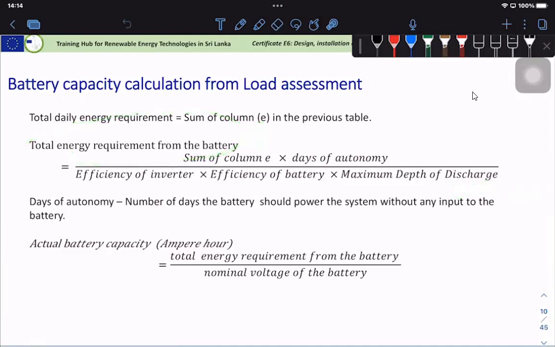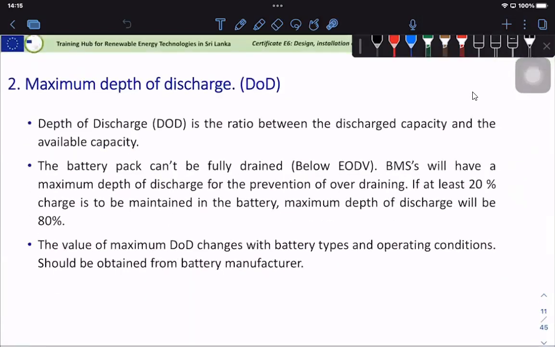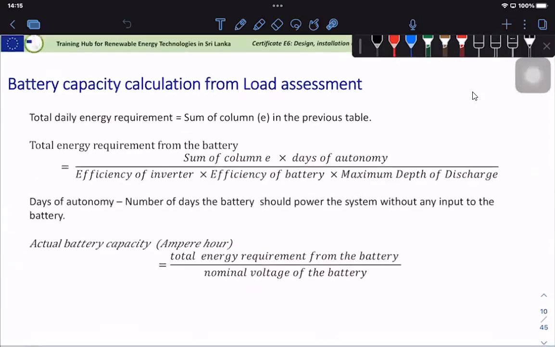So if the maximum depth of discharge is decreased, our total energy requirement from the battery is increased. Then we need to use a higher capacity battery, right? That's how the maximum depth of discharge affects the total energy requirement from the battery, or the actual battery capacity.